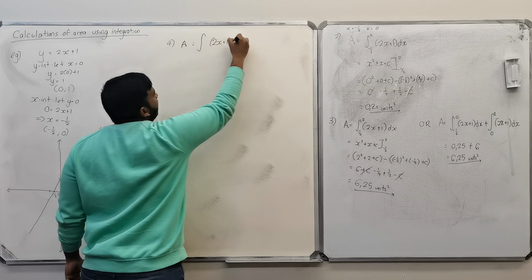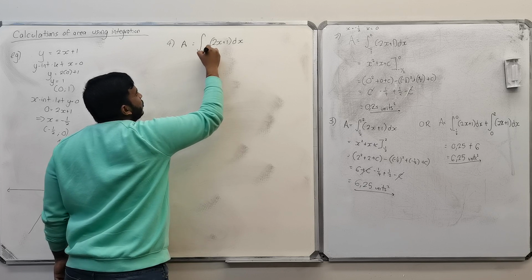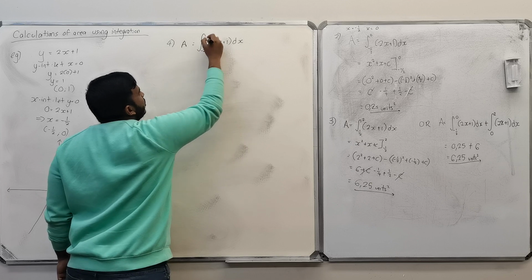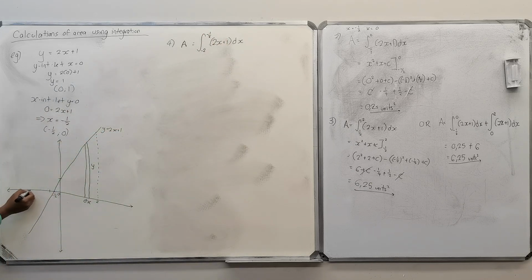They want us to integrate from minus 2 to minus half. So in terms of the graph, that's 1, say that's 2. They want you to integrate this triangle now. That's what we're integrating.